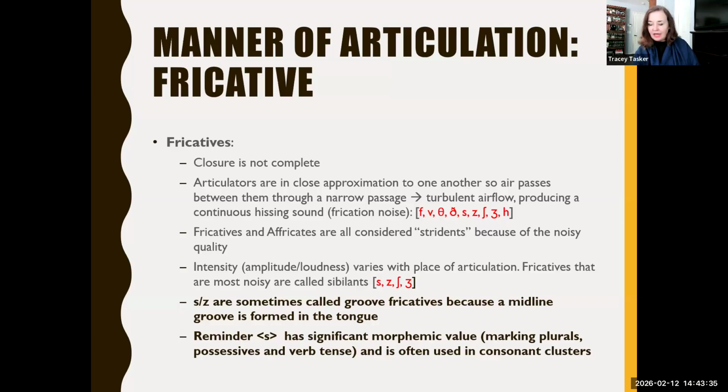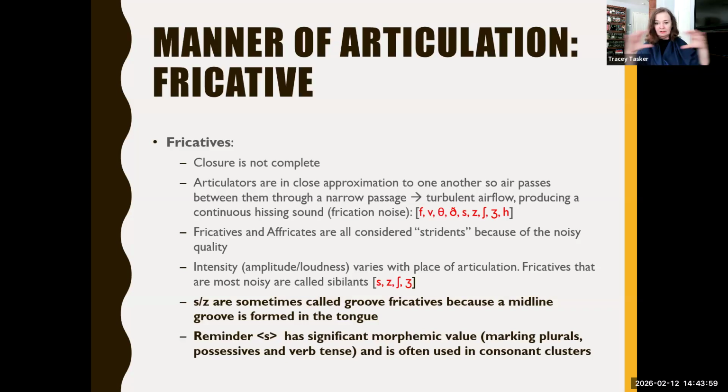Now, how loud or intense these are depends on their place of articulation. So right now we're talking about manner, but remember along the other axis is place of articulation. So the noisiest fricatives are called sibilants. Sometimes people will use strident and sibilant interchangeably, but actually they're not.